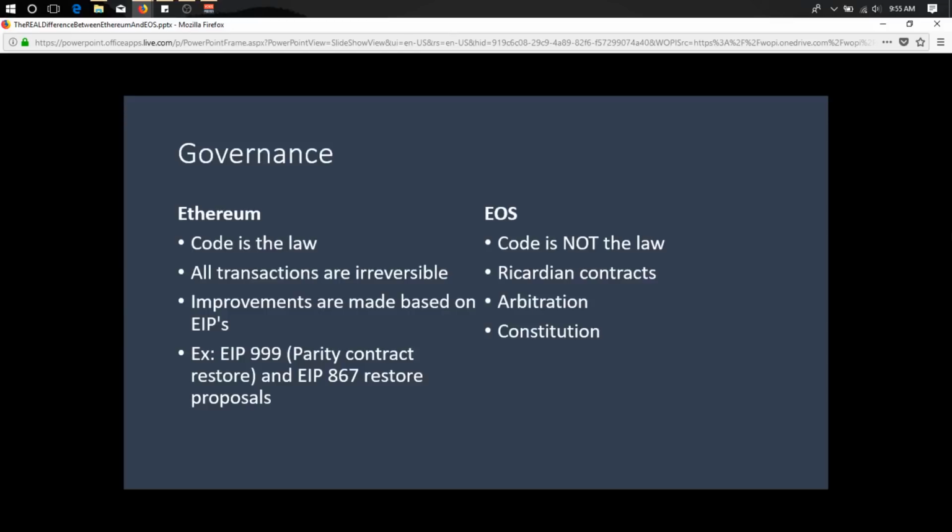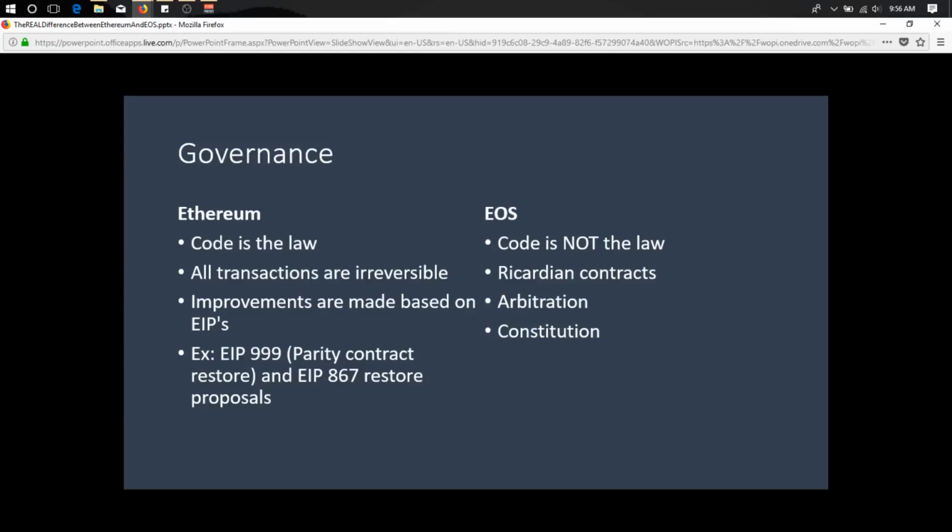A relevant example of governance on Ethereum today is EIP 999, which wants to restore the Parity contract, and EIP 867, which is to create a new type of proposal called an Ethereum Restore Proposal to use in the future to deal with contract restoring. Since code is considered the law in Ethereum, there's a lot of contention between these two proposals.